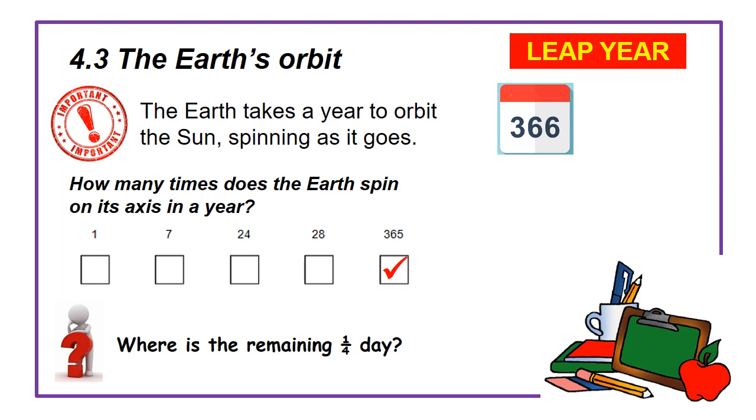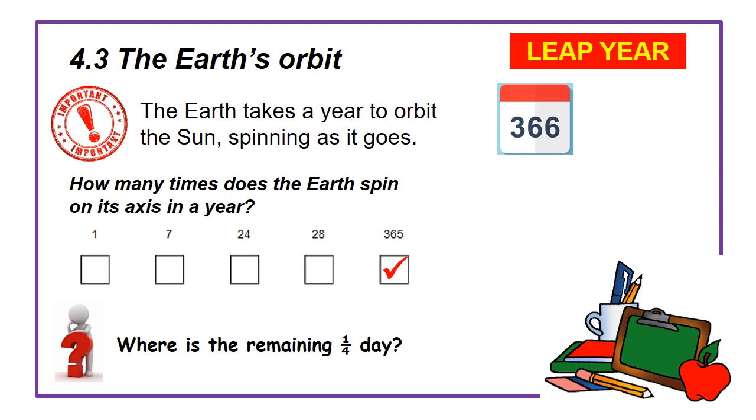It is from the 1/4 days of the previous years. How many 1/4 do we need to make 1 whole day? Come on, do the math. We need 4 1/4. That's why leap year happens every 4 years.